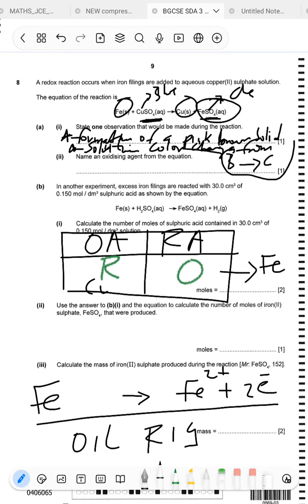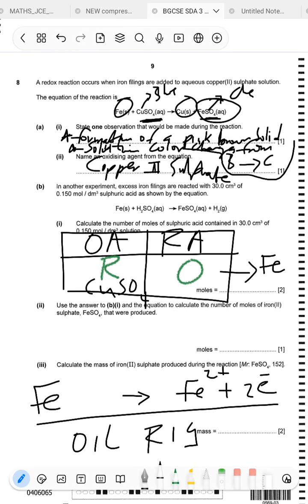CuSO4. So that means, name an oxidizing agent, our oxidizing agent is going to be the copper 2 sulfate. It's an oxidizing agent because it takes electrons from other substances.